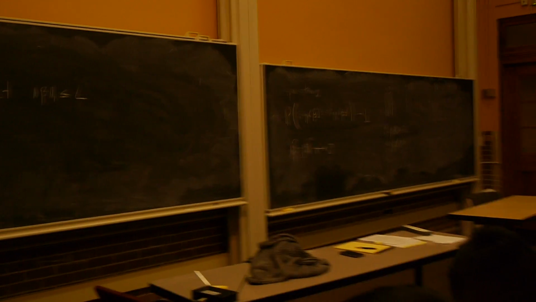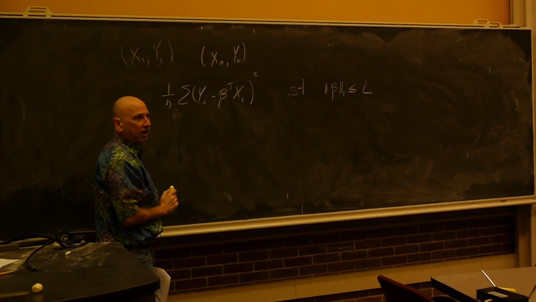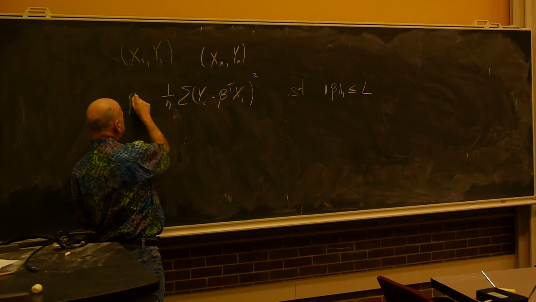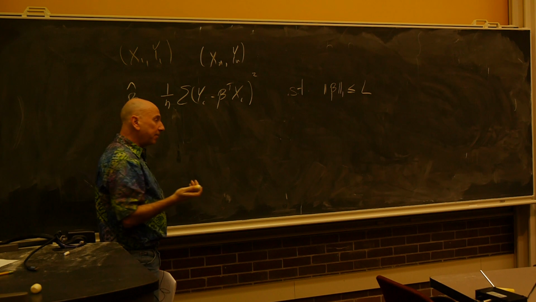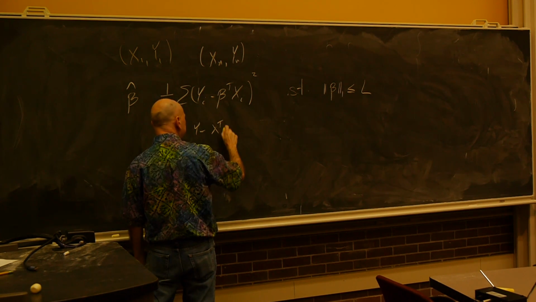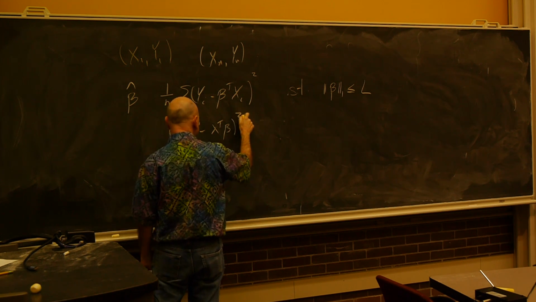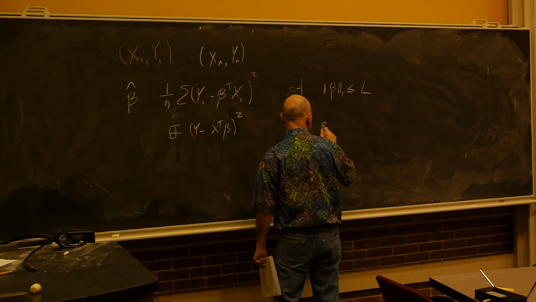All right, so, well, this is just an empirical average. So if we call the minimizer of this the lasso estimator, beta hat, a natural population analog is to say, well, I'm minimizing the expected value of this subject to the same restriction.